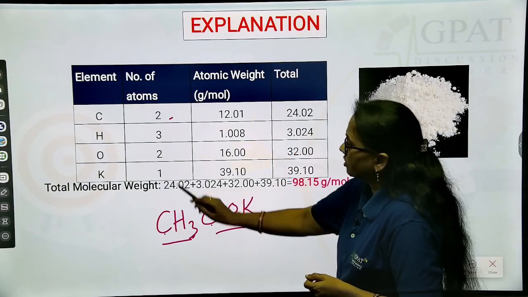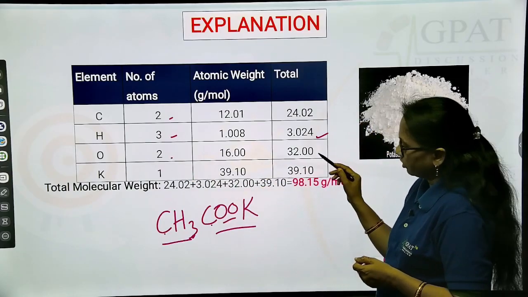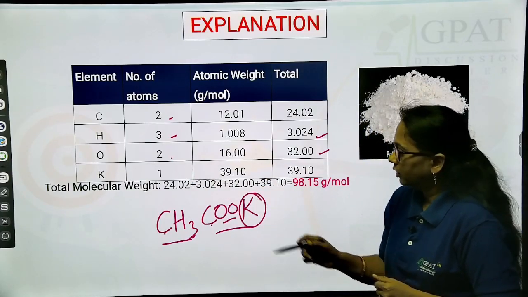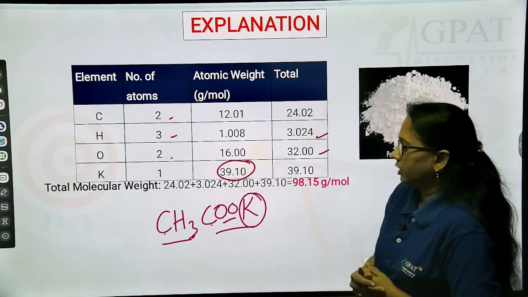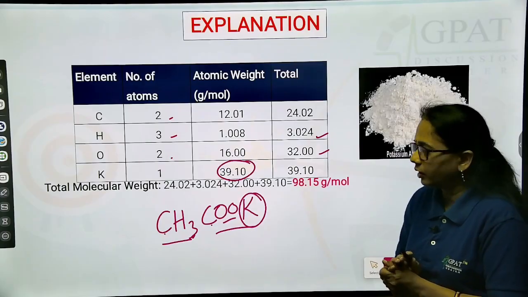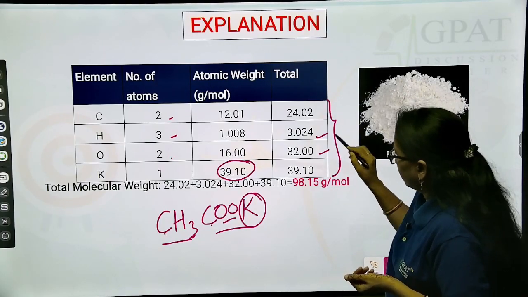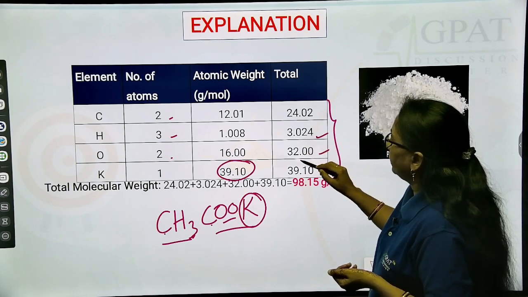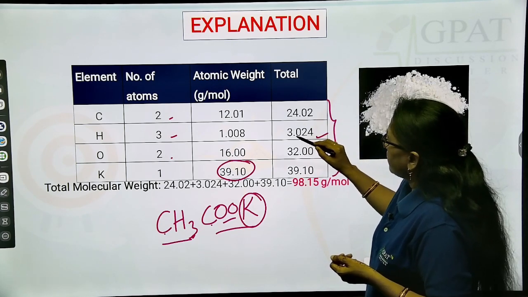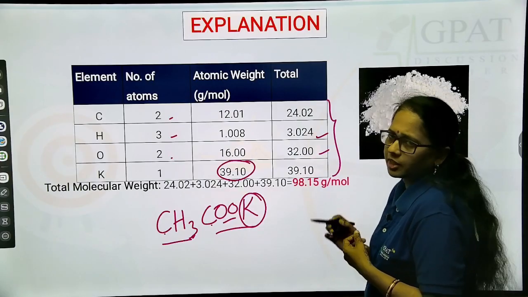How many hydrogens? 3 hydrogens, so 3. Oxygens, 2 oxygens, so 2 into 16 is 32. And potassium, the atomic weight is 39.1 exactly, but roughly you can remember 39. So in total, 24 plus 3 is 27, plus 32 is 59, plus 39.